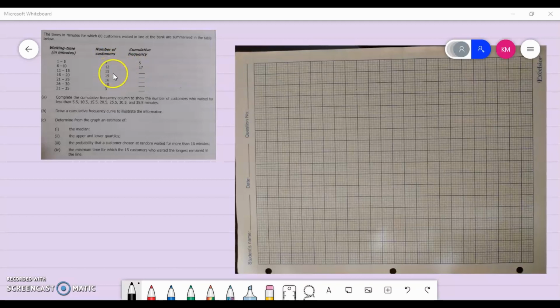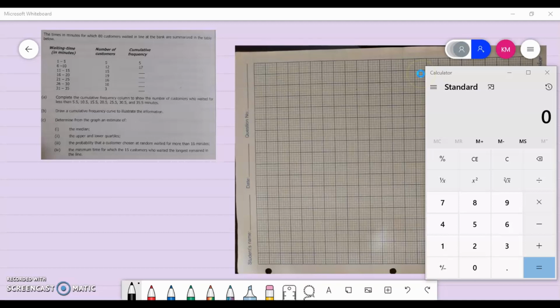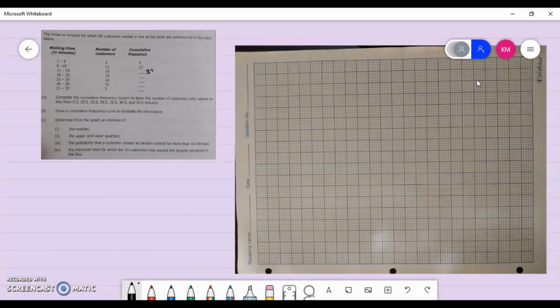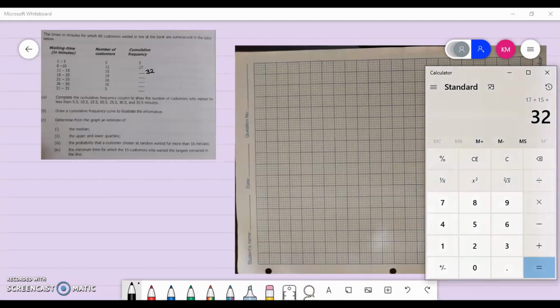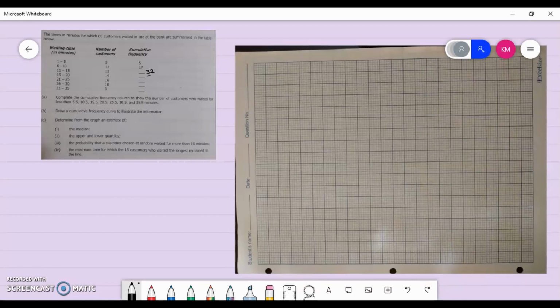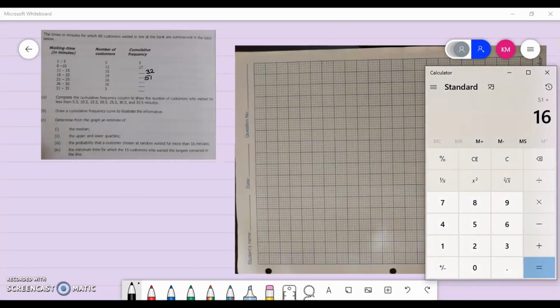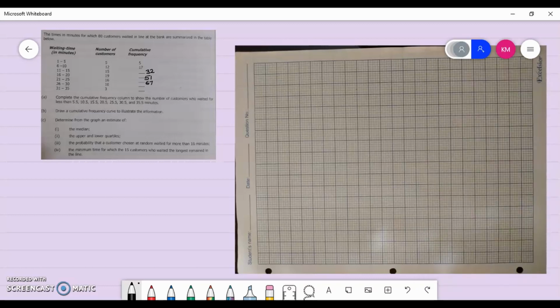Then 17 plus 15, I get 32. I'm just going to write 32 here. And then 32 and 19, it's 51. 51 and 16, it's 67. 67 and 10, I get 77.